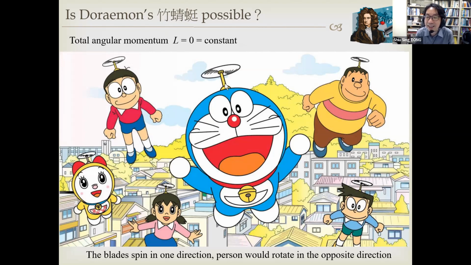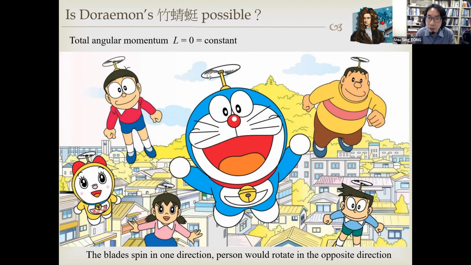It is said that with these blades, it can levitate the bodies of Doraemon and Daihong and make them fly. But is it possible? Physically, if it's possible, I want to ask a question.